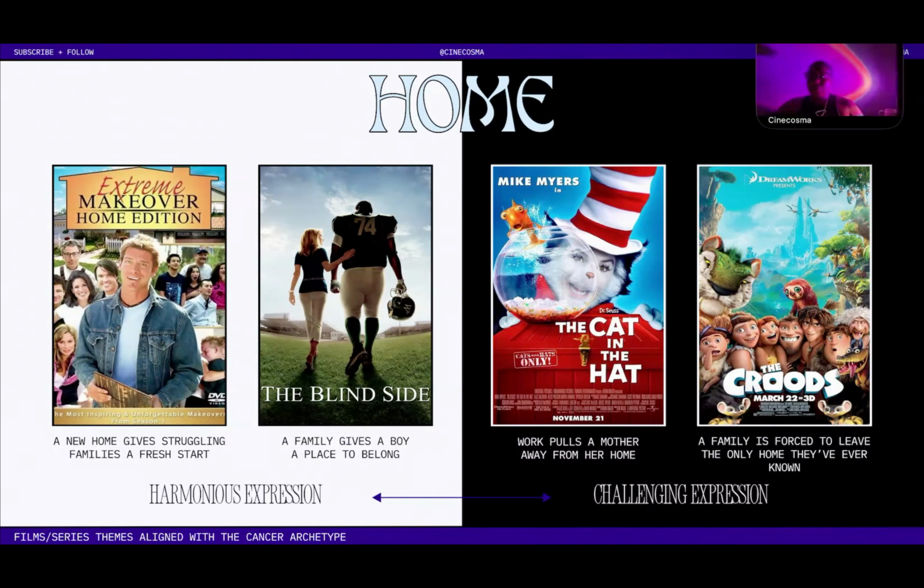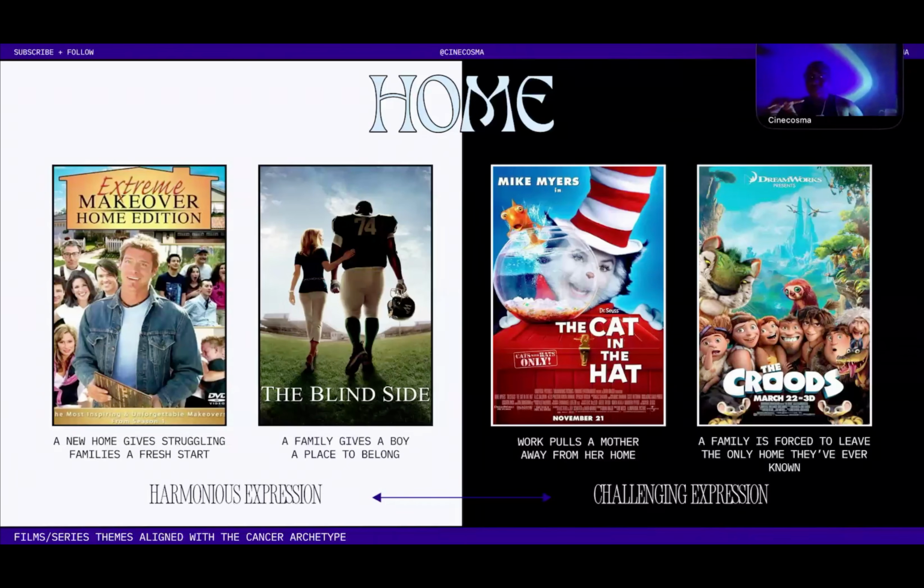And so those are just two examples that I think are harmonious expressions of home. But now let's get into the challenging expressions of home. This one was a little bit tricky because, again, if you remember what I said about the arrows, in a lot of these stories, some of them start out challenging and then move harmonious. Some of them start harmonious and then move challenging.